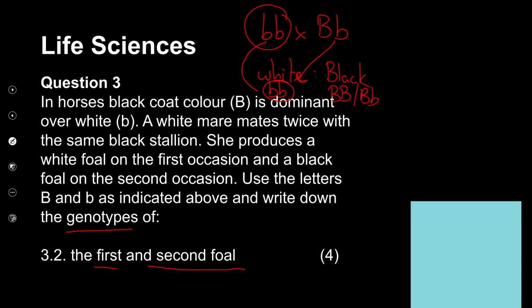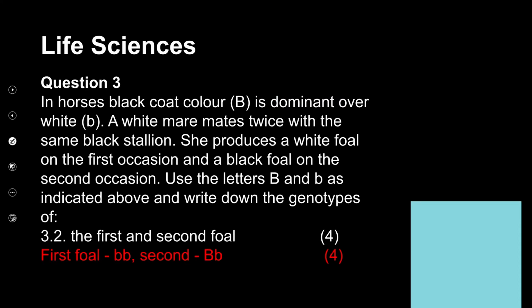So when we look at the male, he inherits one recessive allele from the mother, and the other has to be the dominant allele from the father. And hence it cannot be that, and can only be the heterozygous combination. So the answers to that would be the first white foal would be that, and the second black foal would be that. And I trust that you guys are now understanding the reasoning behind how we get these answers.